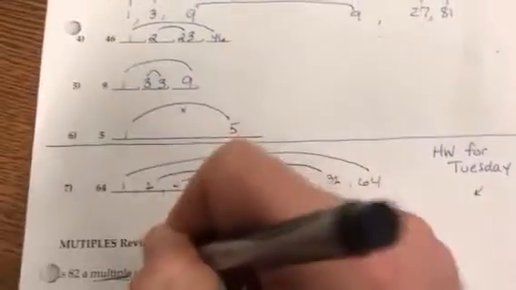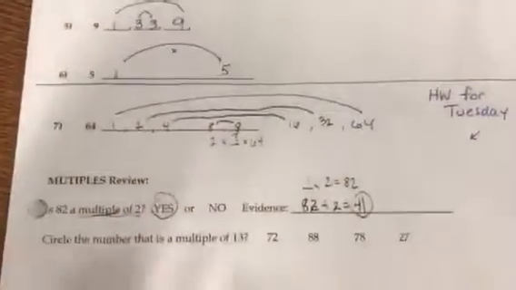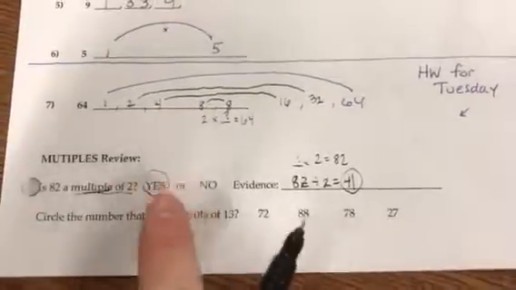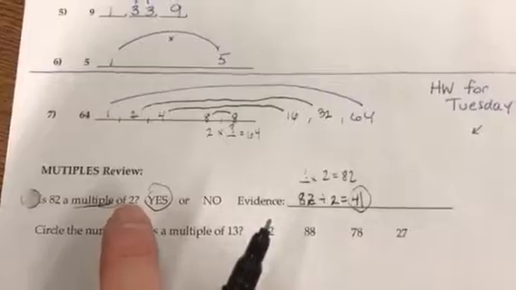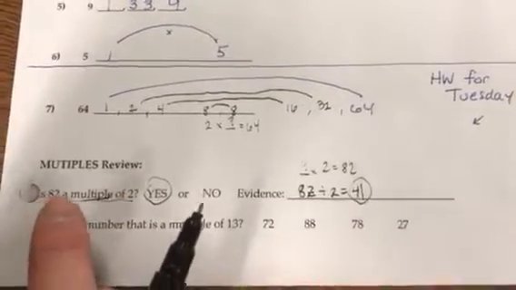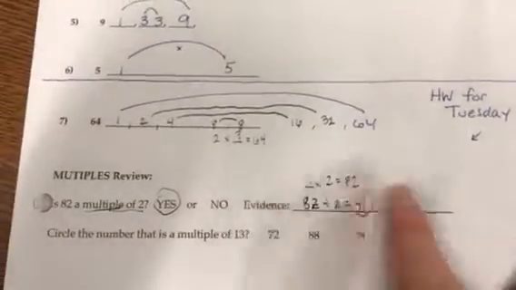Because that's a whole number, we proved that it is a multiple of 2. Or if you just wrote, my evidence is all multiples of 2 end in 2, 4, 6, 8, or 0, that would work also.